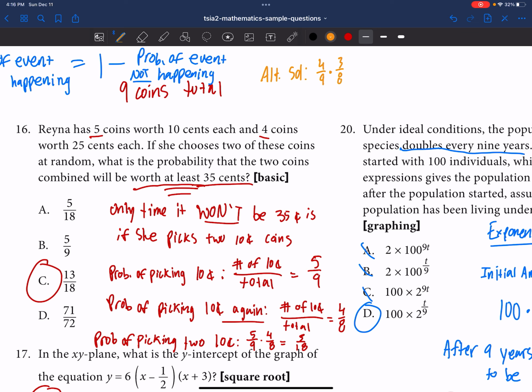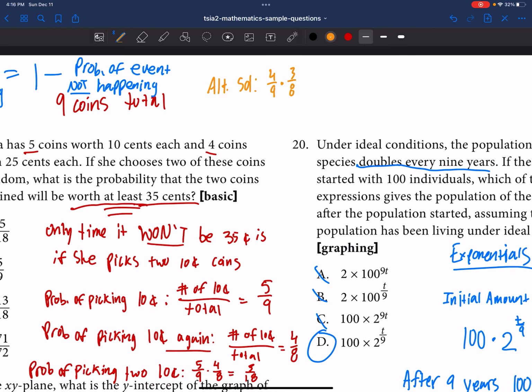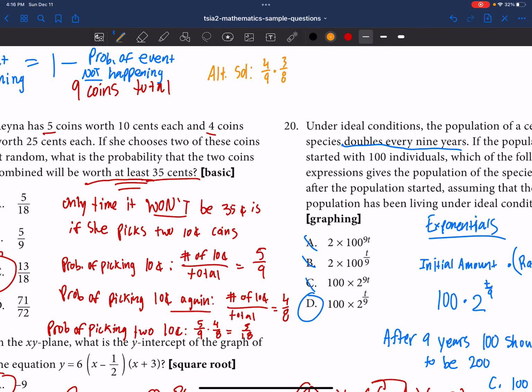And if you're saying, where is he getting these? So there's 4 coins that are quarters, right? So the probability that I pick the first quarter is 4 out of 9. But since I've picked a quarter, there are now 8 coins remaining, not 9. And since I picked a quarter, only 3 quarters are left, not 4. So I could multiply those probabilities together.